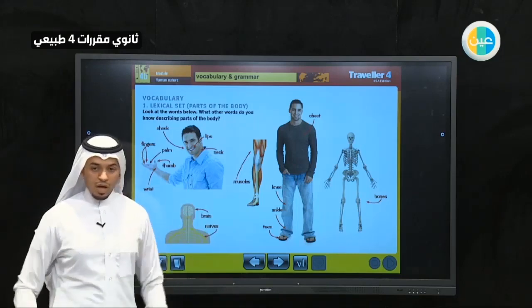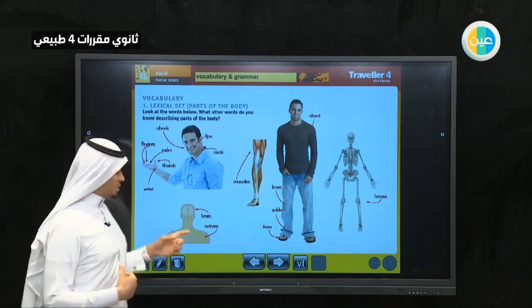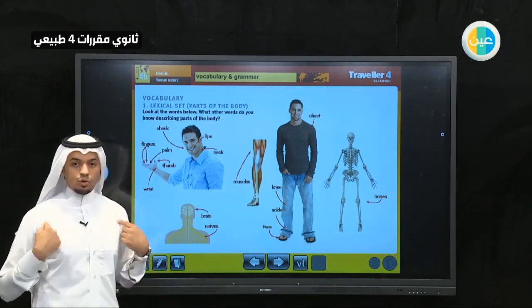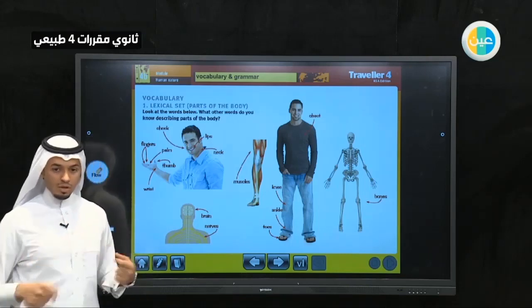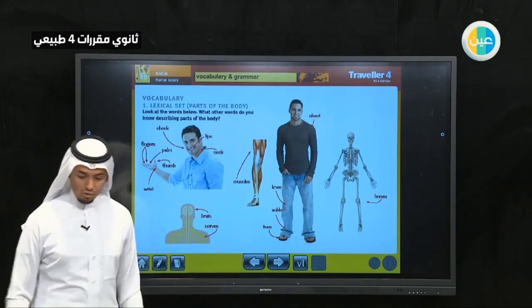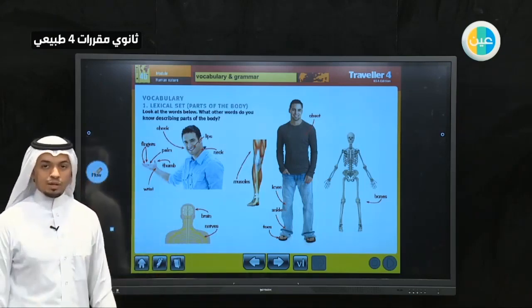Nerves are like the wires that connect your whole body, from the organs to the other parts, to your hands, to your legs, to your head. So you have nerves inside.